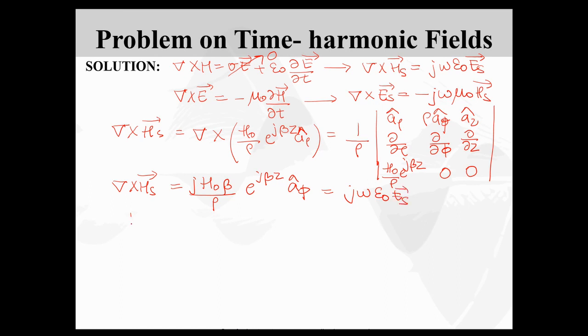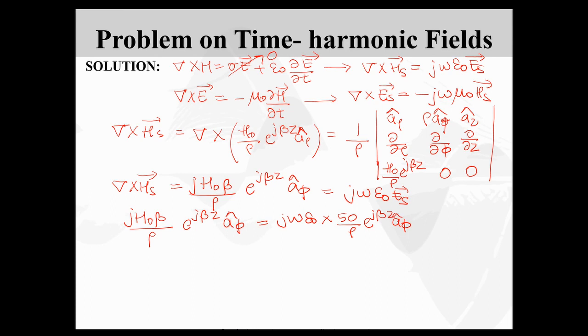So it is j into h naught times beta over rho into e to the power j beta z along a phi direction is equal to j omega epsilon, where Es is, as previously seen, 50 over rho into e to the power j beta z along a phi direction.